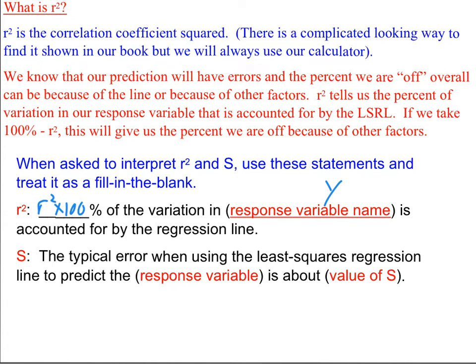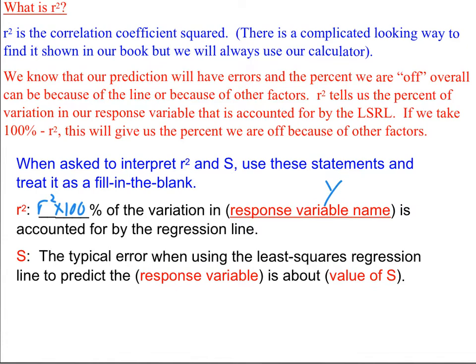Both would do the same thing on the scatter plot. If R squared is close to 100% and S is really small, it means all of your points on your scatter plot are really close to your line. As those points move away, R squared gets smaller, S gets bigger.